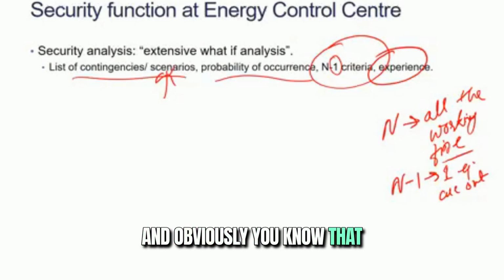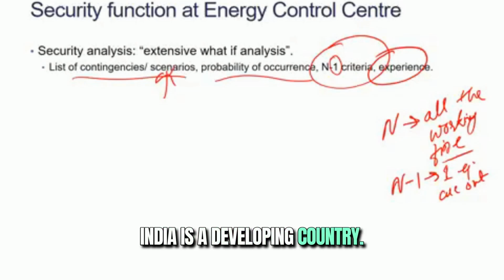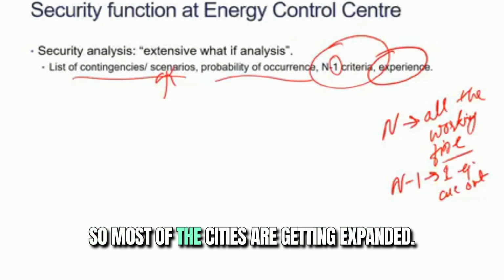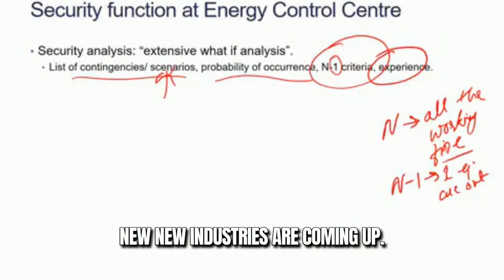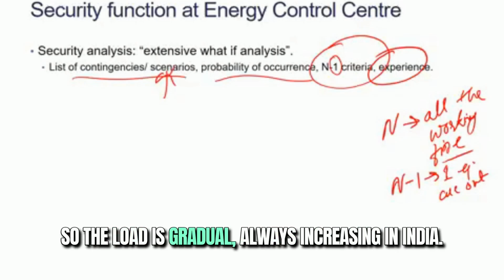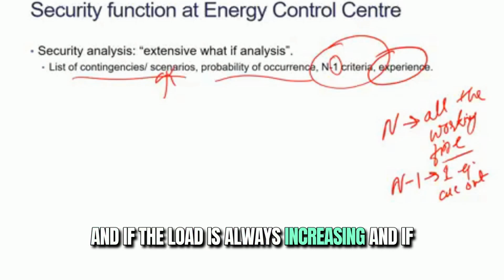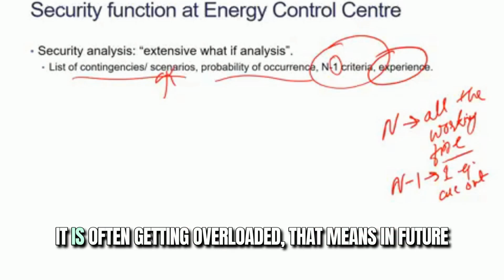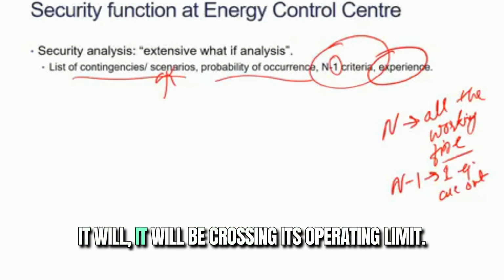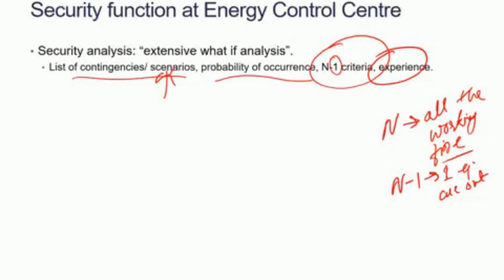And obviously India is a developing country, so most of the cities are getting expanded, new buildings are coming up, new industries are coming up, so the load is always increasing in India. And if a line is seen by a system operator to be often getting overloaded, that means in future it will be crossing its operating limit.